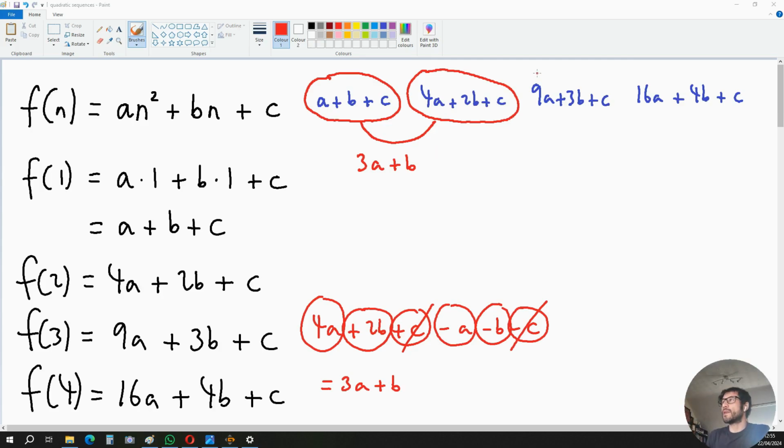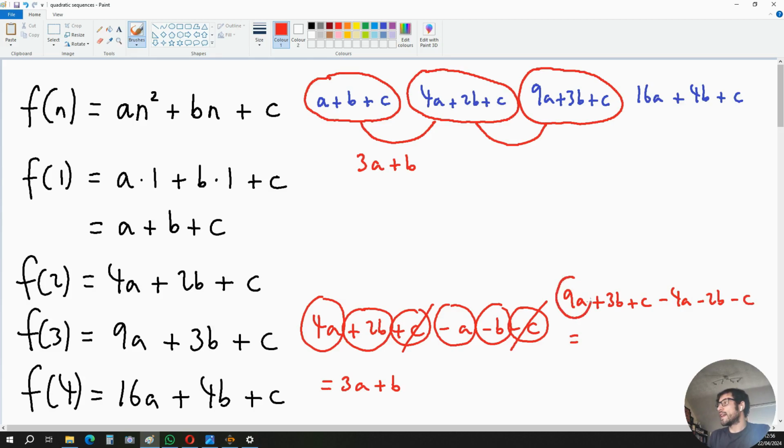Now, what is the difference between the third term and the second term? Well, for that, we do 9a plus 3b plus c, and we subtract 4a, 2b, and c. 9a minus 4a gives us 5a. 3b minus 2b, that gives us just b, and c minus c gives us 0.